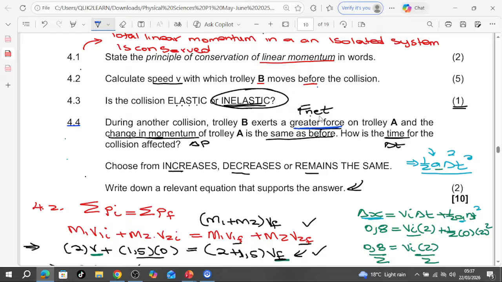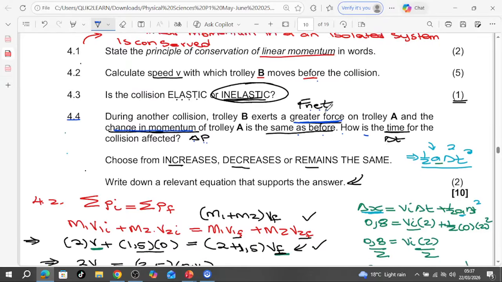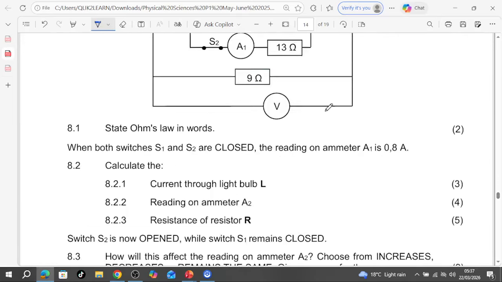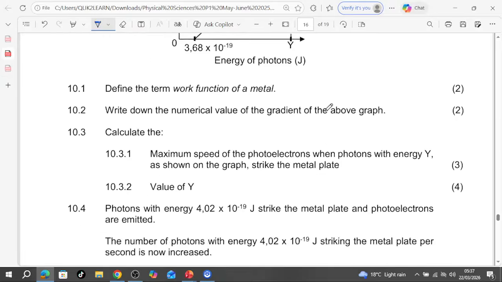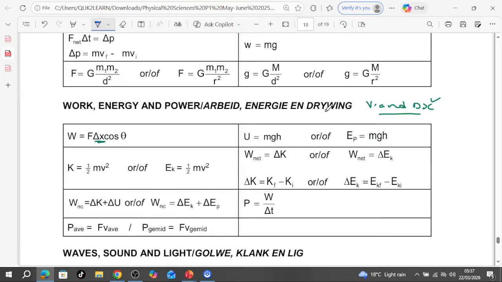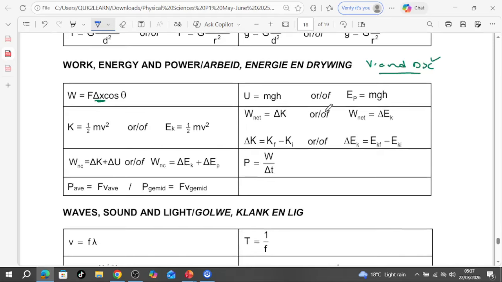We know that they are referring to F net on trolley A. And the change in momentum, I write delta P, is the same as before. How is the time? Delta T. So I'm going to look for F net, delta T, delta P in one equation. Let's go back. I know that you guys already know which one it is, but I just want to make sure that we are on the same side.